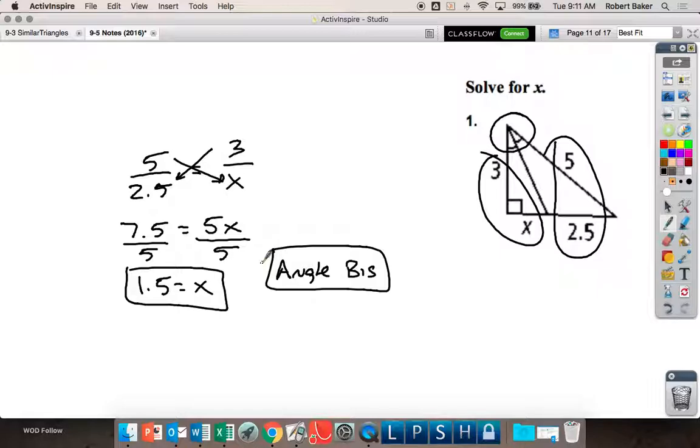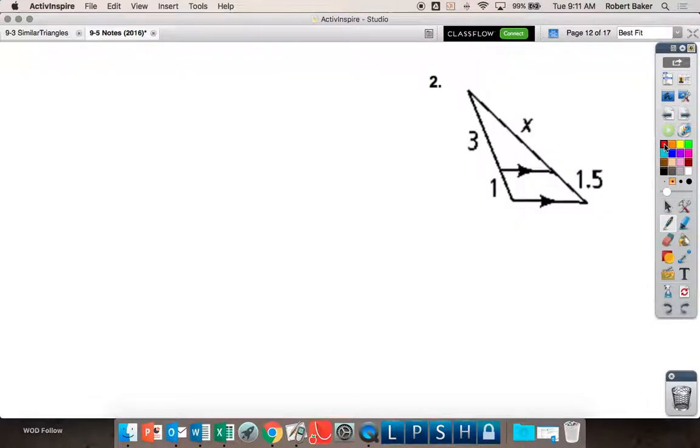Okay. What do you see here? You see parallel lines. You see a triangle. So this is the straight up side-splitter theorem. You should see your proportions.